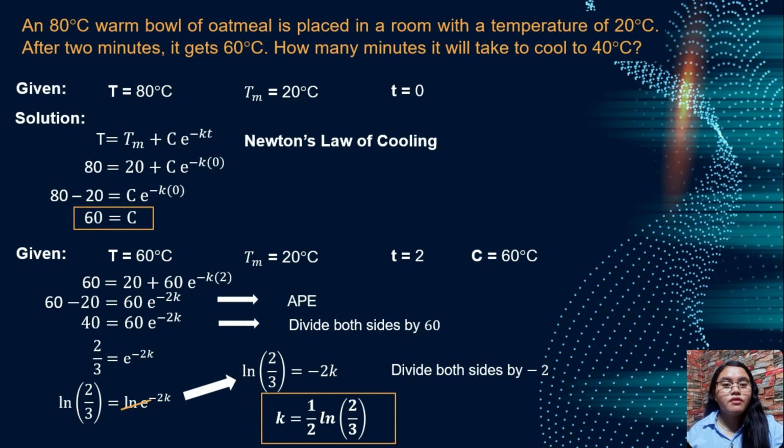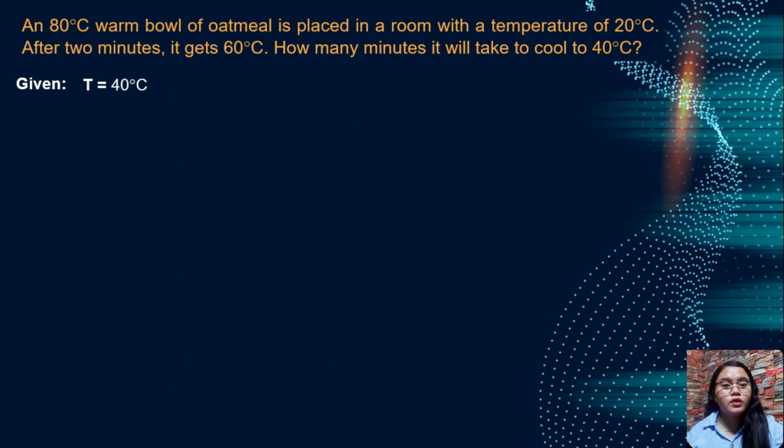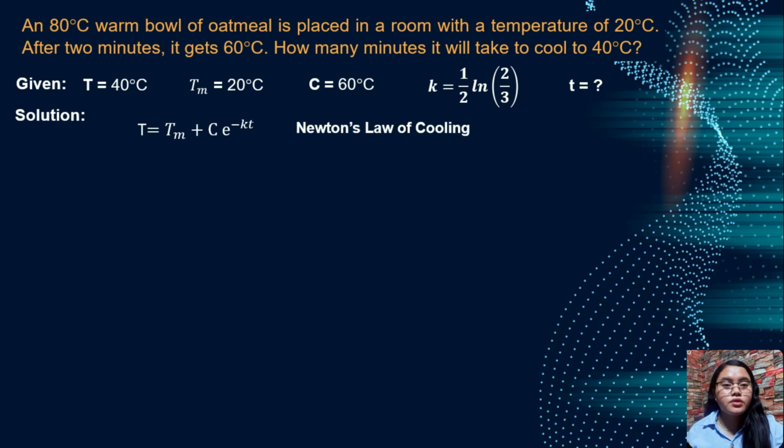The given are T is equal to 40 degrees Celsius, the temperature of the medium is still 20 degrees Celsius, C is 60 degrees Celsius, k is 1/2 times ln 2/3, and t is the unknown. So for our solution, using Newton's law of cooling, we will plug in all the values.